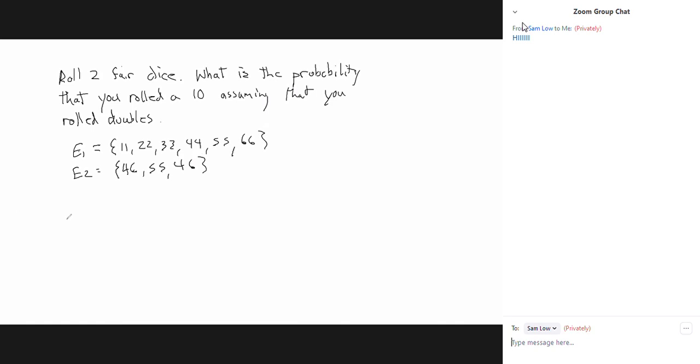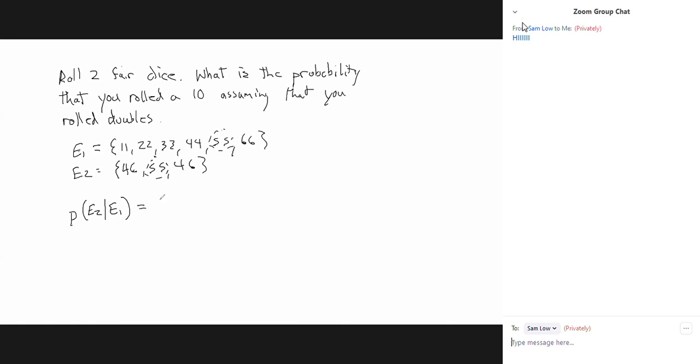Okay, so if I ask, what is the probability that E2 occurred, assuming I know that I rolled doubles? Okay. So I know there's only 1 in common in the intersection, right?